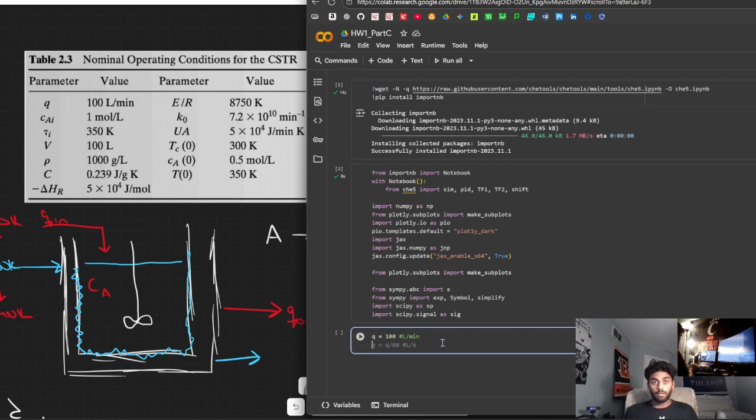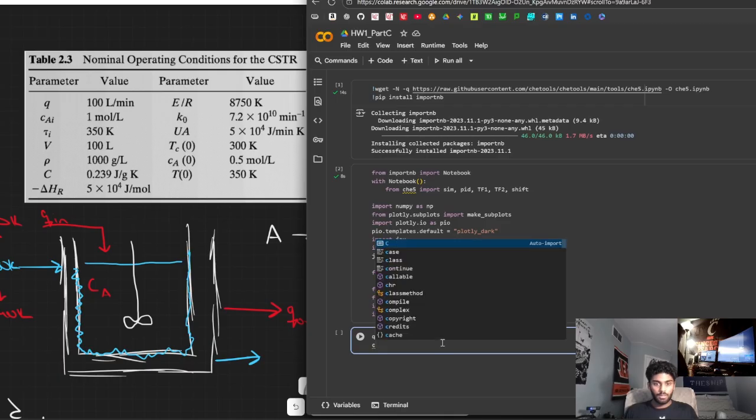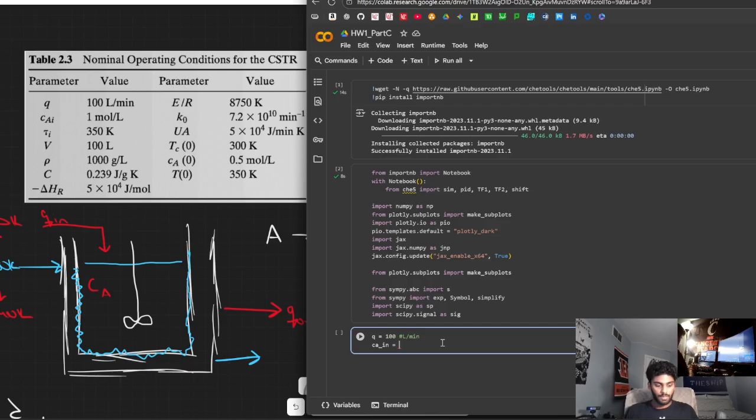Our inlet concentration, so say CA in, 1 mole per liter. So these are just defining all the variables that we have.